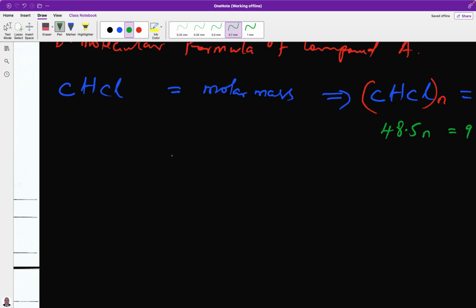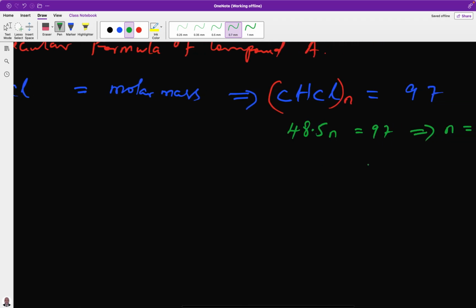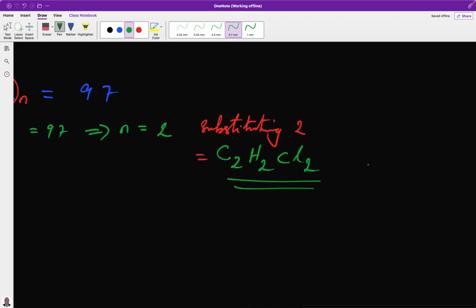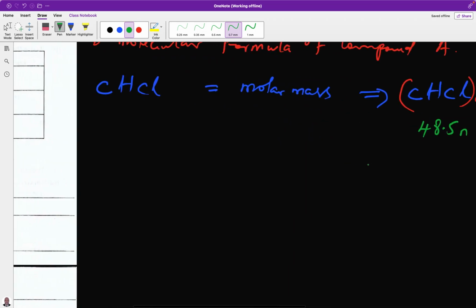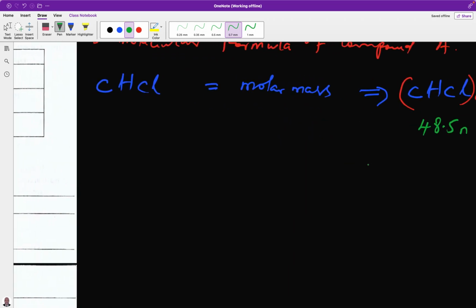So they have the same molecular formula, which is C2H2Cl2, but different structural arrangement. So the isomers here will be what? Since there are two carbons, we say it is carbon, carbon. Give two isomers of A.